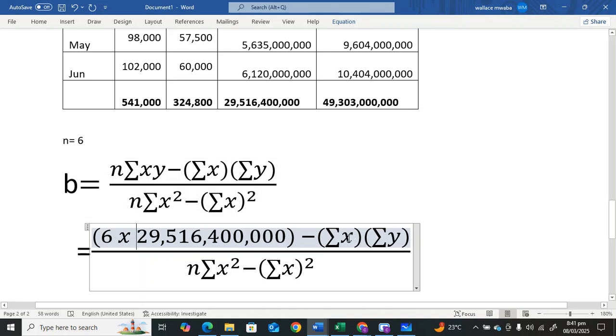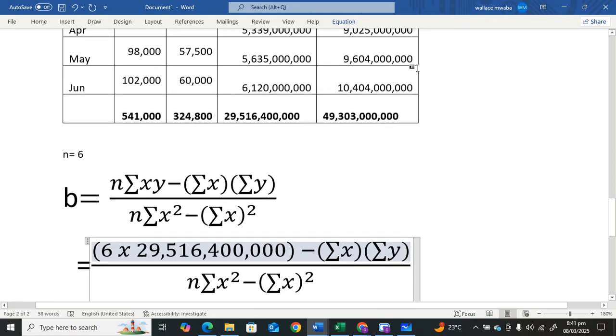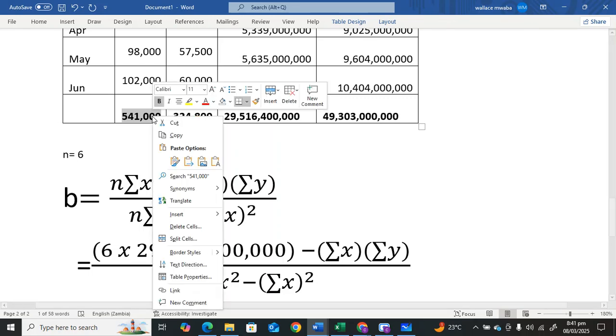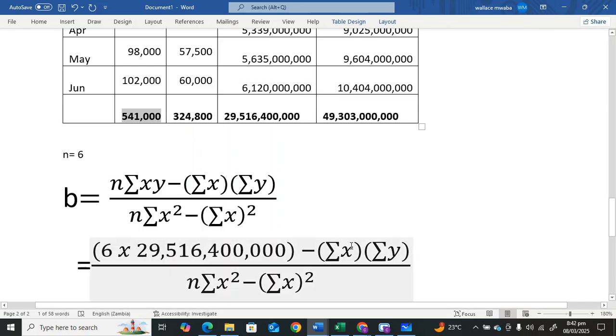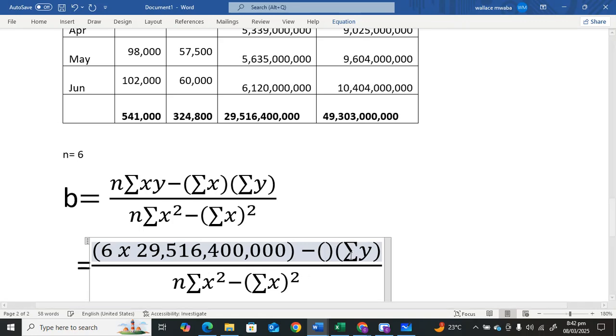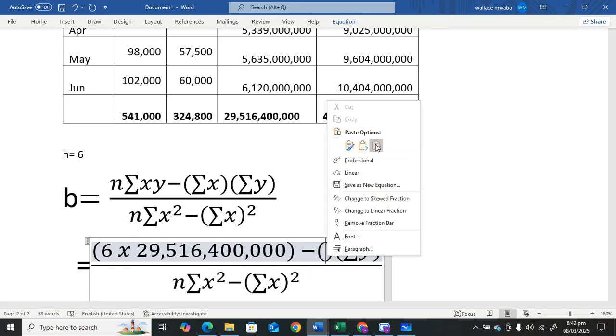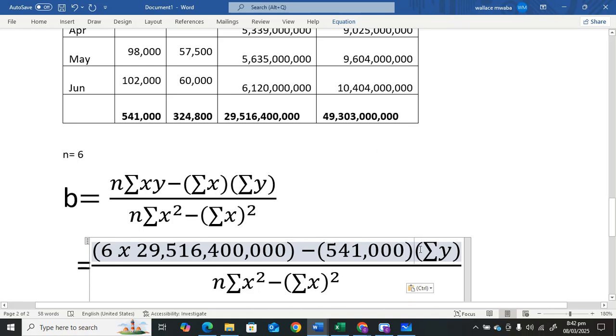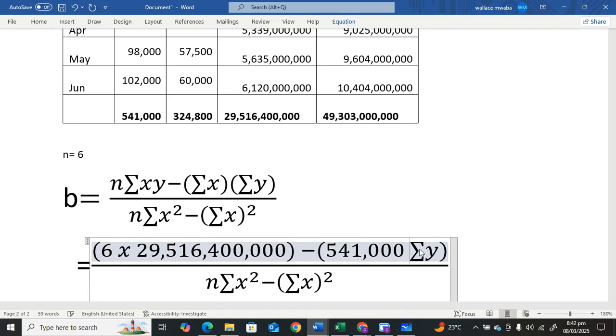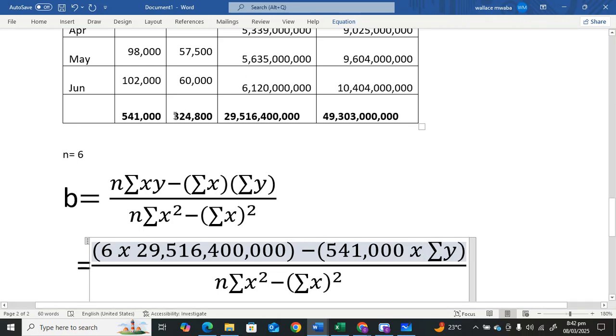Summation of x, total of the x values, 541,000 here. Multiplied by summation of y, 324,800.